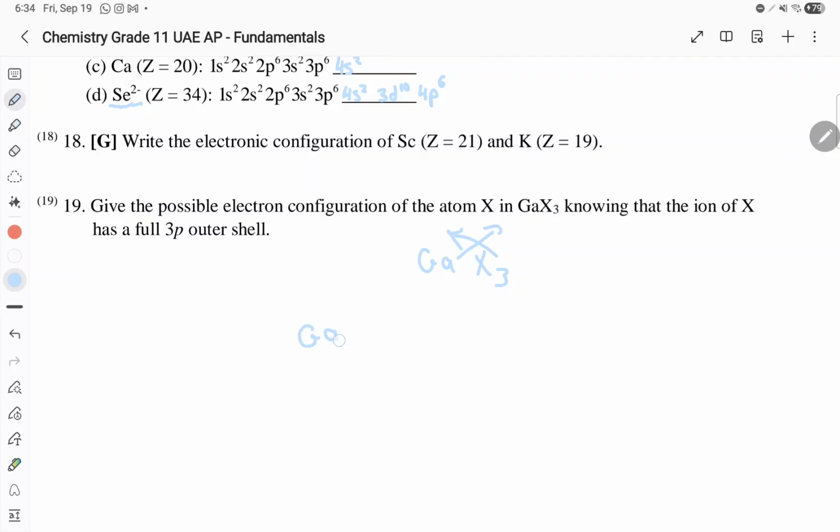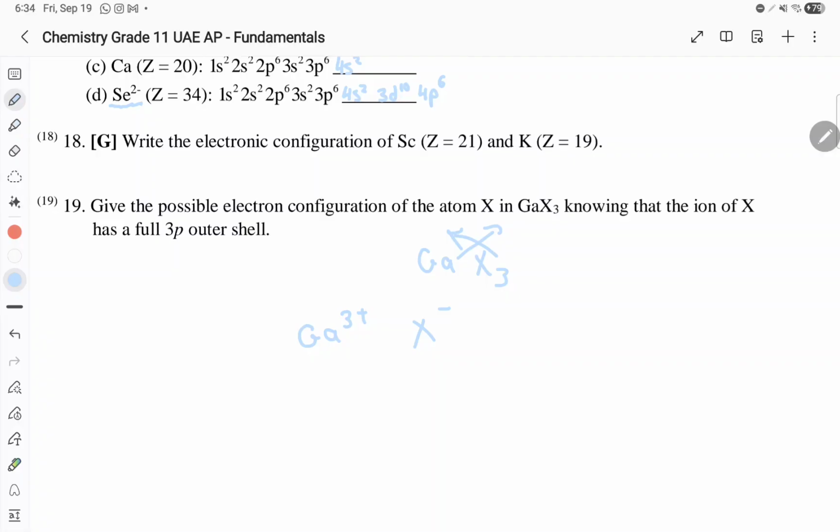So it's Ga3+ and X+, or X-, sorry. Since it's X-1, it has to be in group 7.